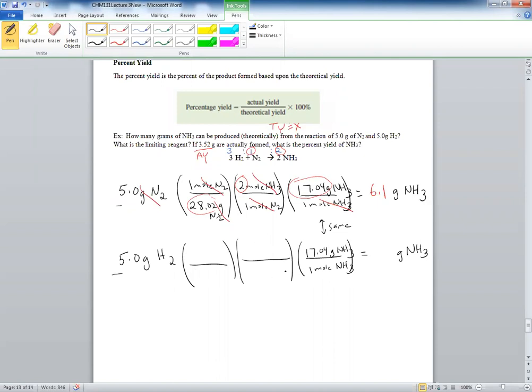So you should fill in what goes in here. So you should pause and do that. It's really helpful. Okay, so this would be 2.02. That's the molar mass of H2. 2 hydrogen atoms, 1 mole, H2.